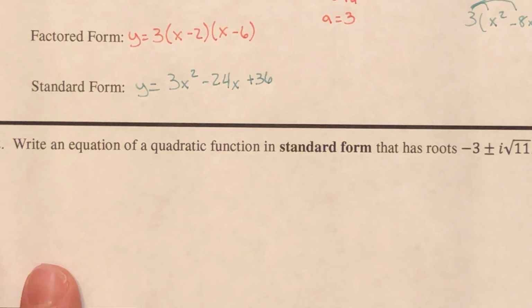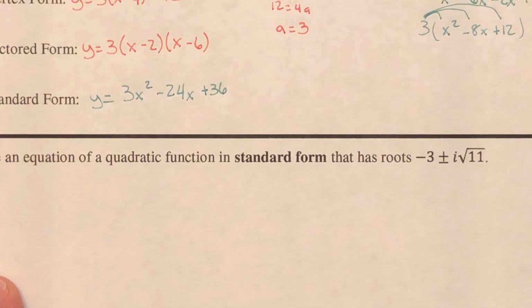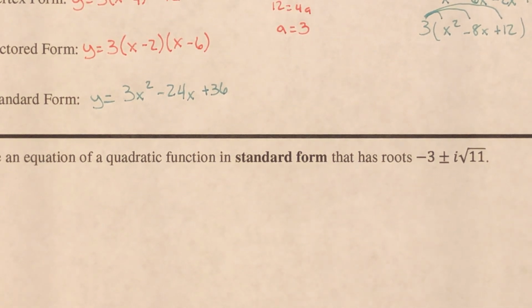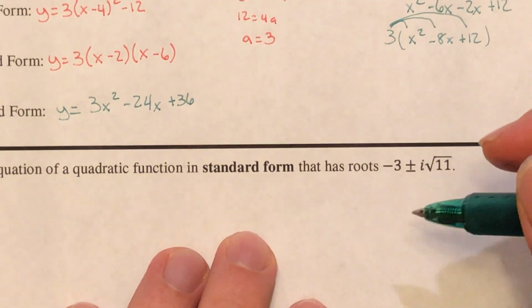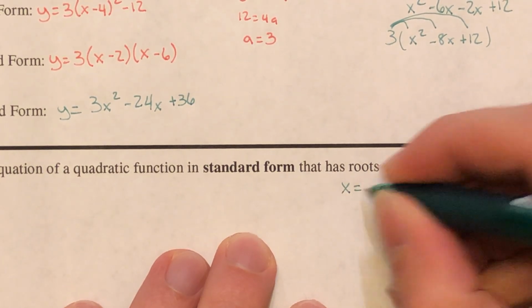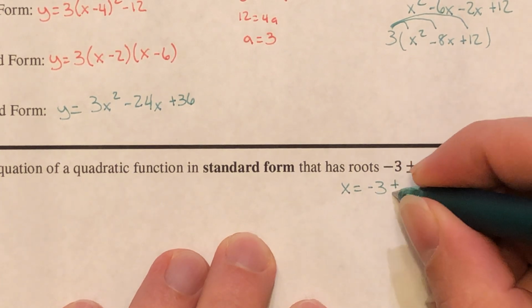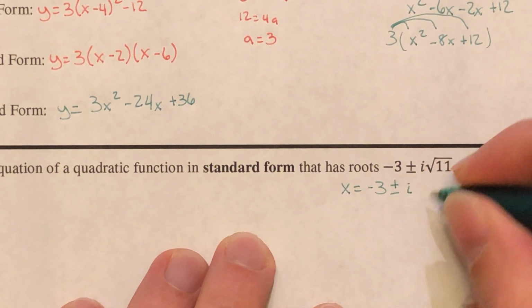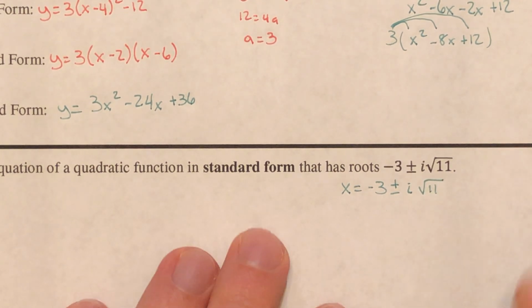So the last one we're working on, 22, again, it's giving us our roots and it wants us to put it into standard form. When it gives us our roots, we want to set those roots equal to x. So I have x equals negative 3 plus or minus i square root of 11.